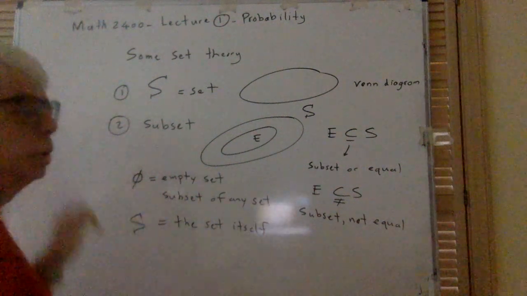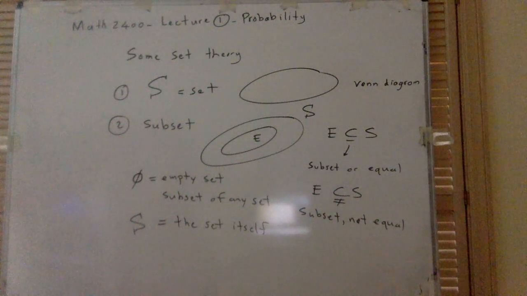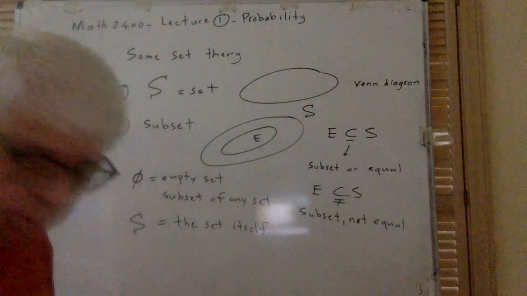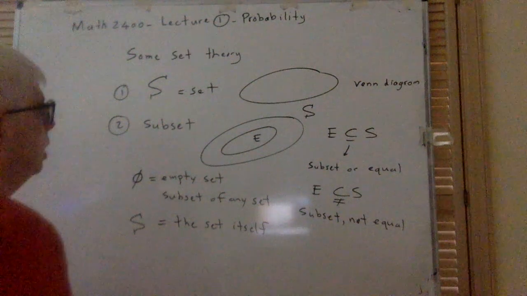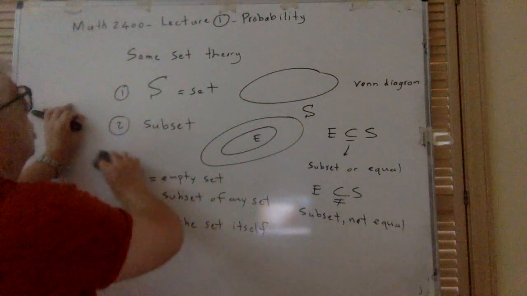So these are the two extremes. We assume that a set is a subset of itself, and we also say that the empty set is a subset of any set. Not this one, this is just a subset of itself, or maybe a subset of something larger.